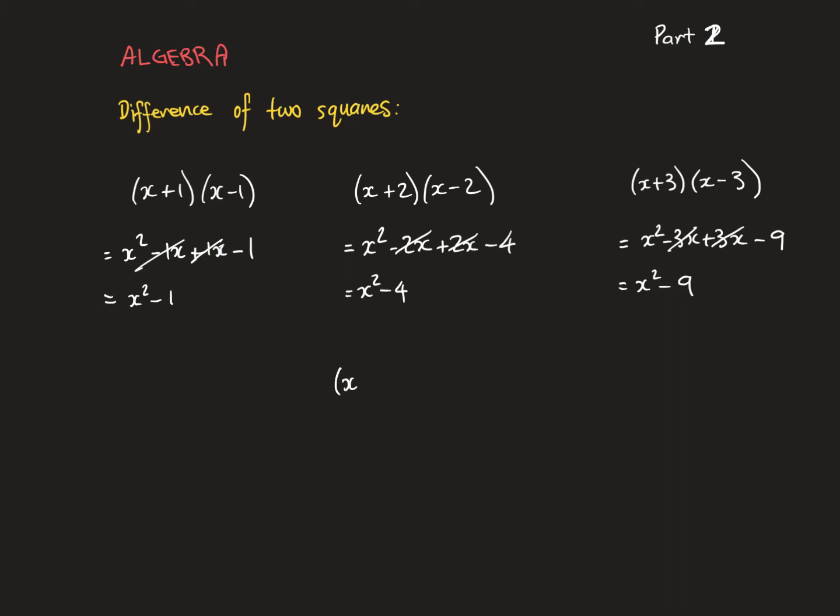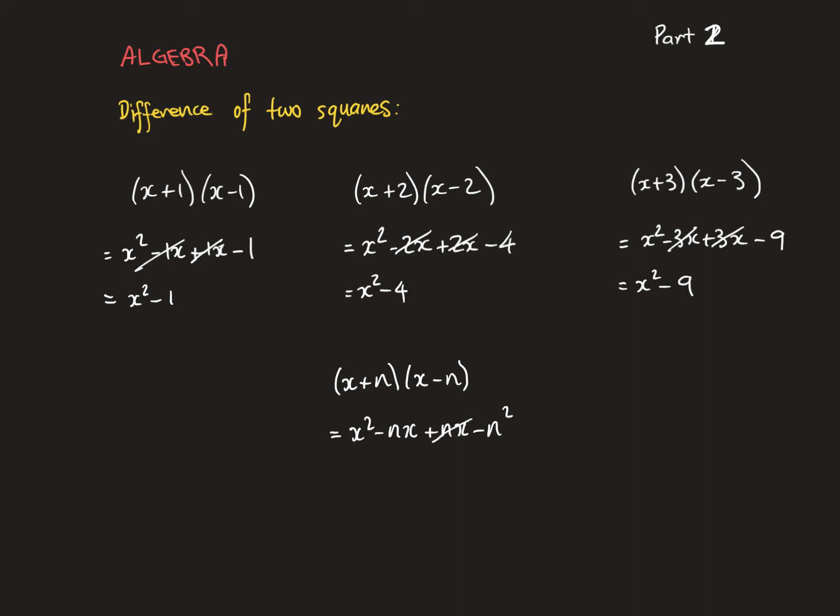So we're going to use any number, preferably any integer, and we're going to see what happens if we just use n and see what comes out at the end. x squared take nx plus nx take n squared.